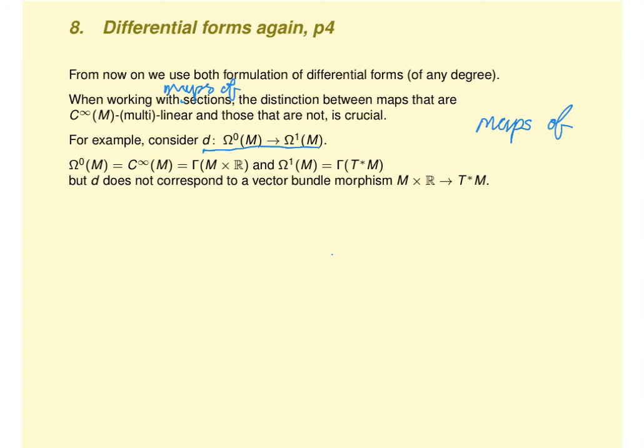The zero forms are the smooth functions, and they're the sections of the trivial bundle. And the one forms, of course, are sections of the cotangent bundle. But d does not correspond to a vector bundle morphism from the trivial bundle to T star M. Okay. It's not function linear, and therefore it can't be defined on the level of the actual bundles.